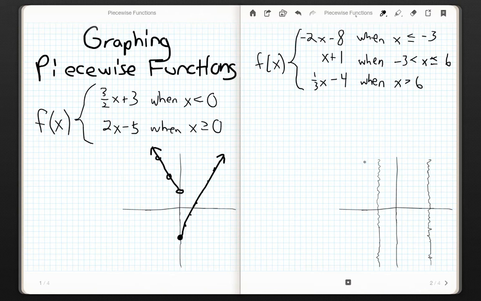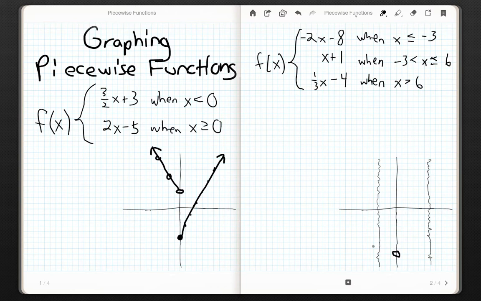So that means that the function itself is only graphed in this area. But in order to find out where to start over there, we have to start at our y-intercept of -8. We're going to draw an open circle to show that that point is not part of the graph. That is not included. We're just using that for reference as well.